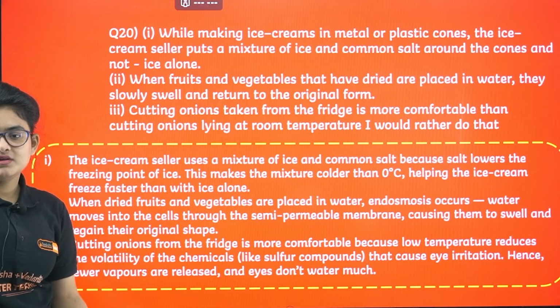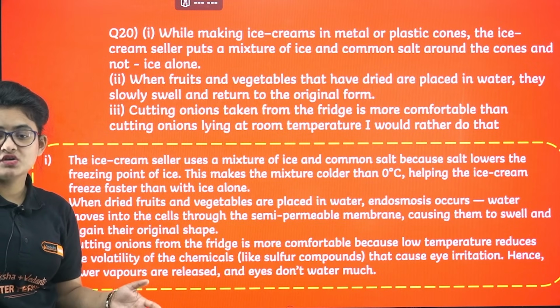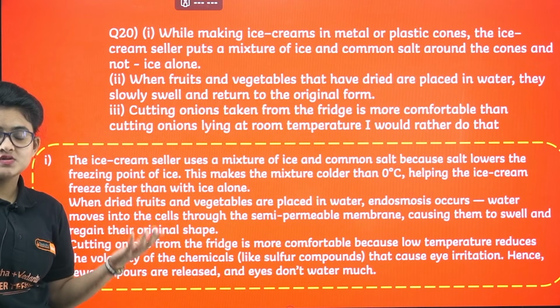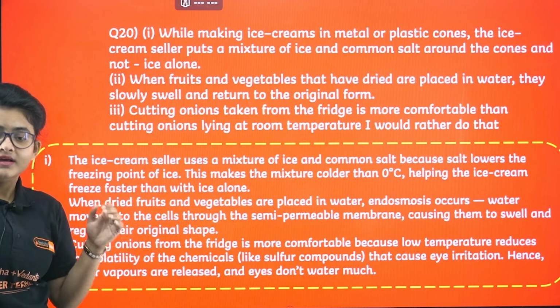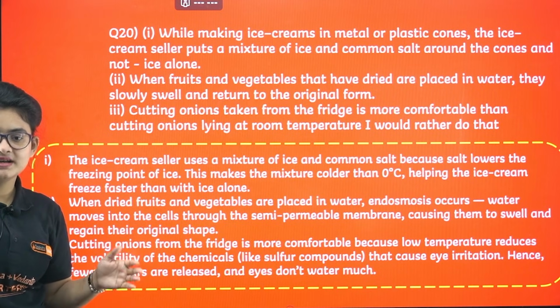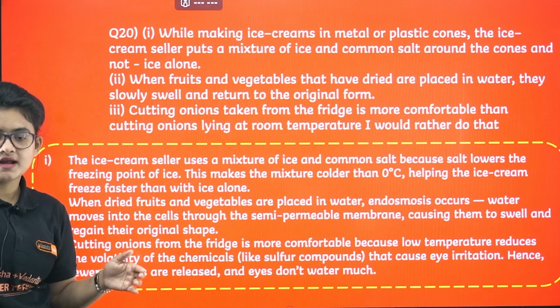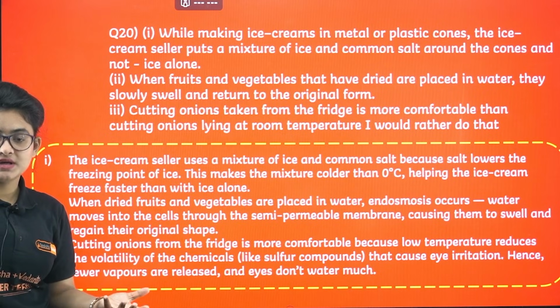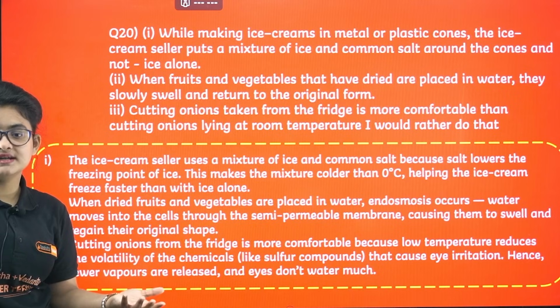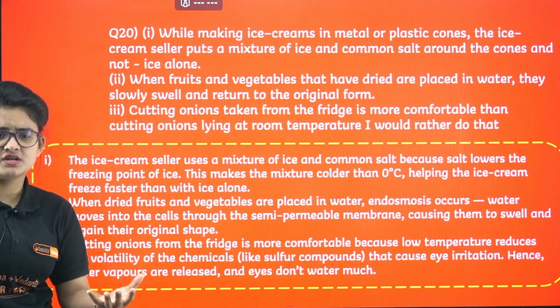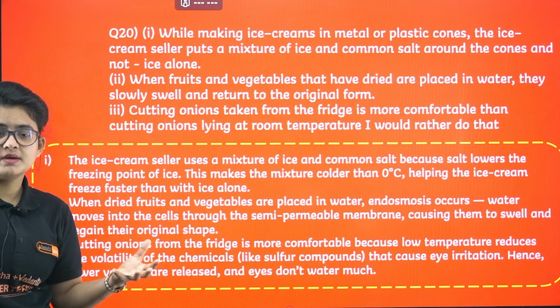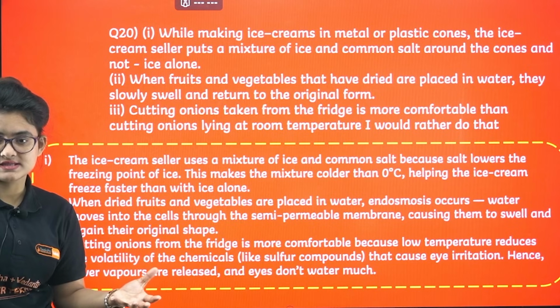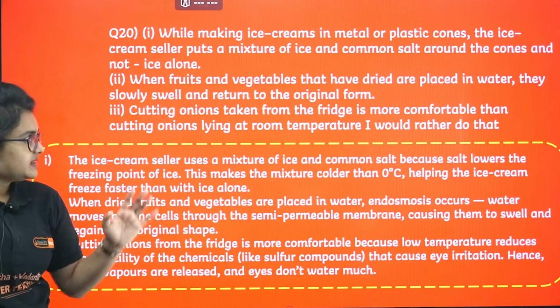Whenever you mix a non-volatile solute, that is your salt, the freezing point will decrease, depression of freezing point, right? So as a result, it will be colder than 0 degrees Celsius. The mixture of salt and ice will be colder than 0 degrees Celsius, right? So that's the reason.